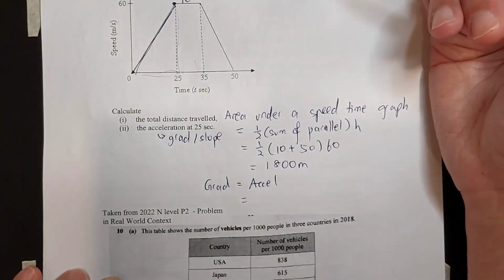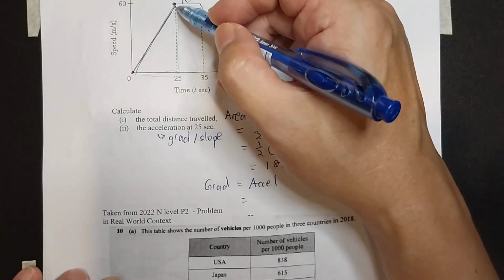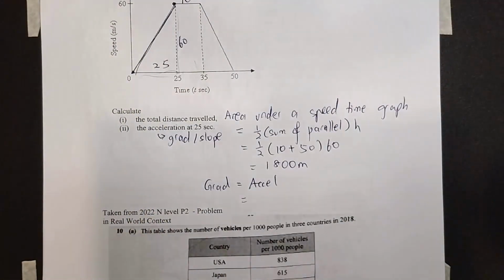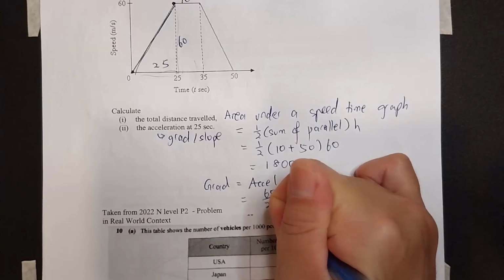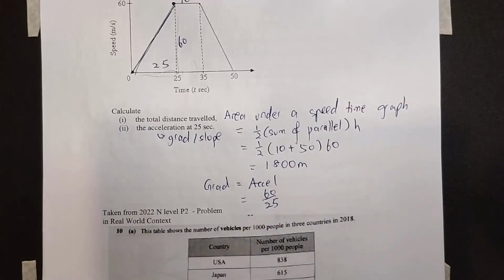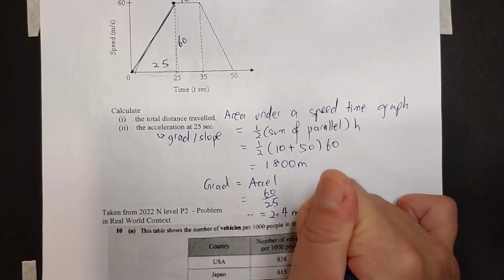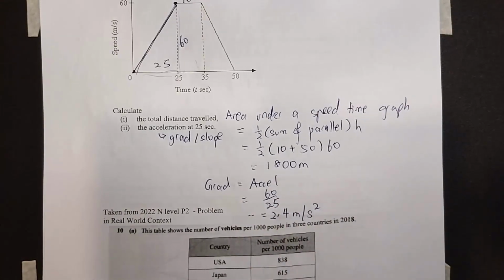You can also use y1 minus y2 over x1 minus x2, but it is easier if we just use rise, which is 60, over the run, which is 25. So 60 over 25, and we will have 2.4 meter per square second.